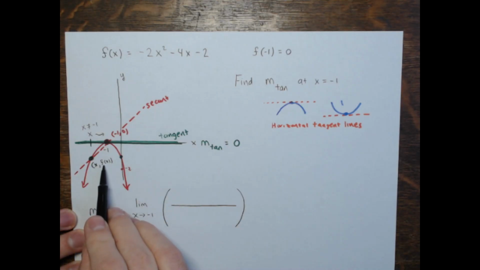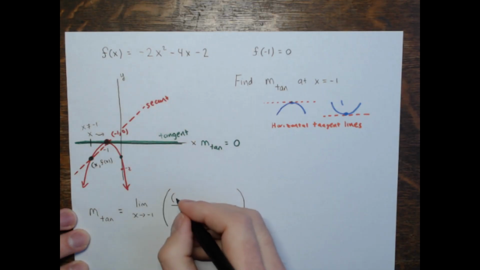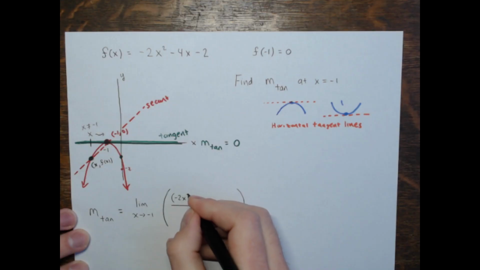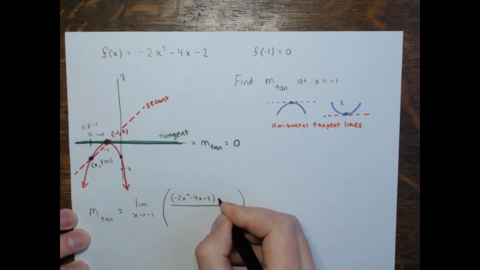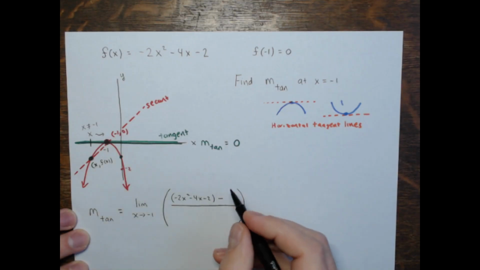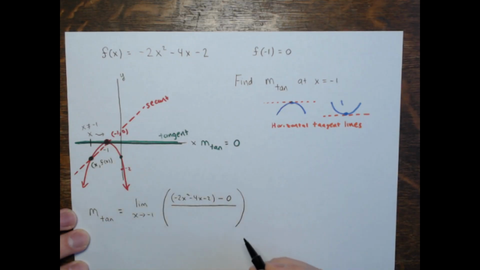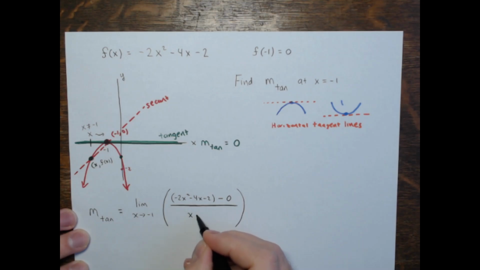So again, it's the value of f at x. So that's this, -2x squared minus 4x minus 2, then minus the other y coordinate, the value of f at -1. So minus 0. And then all this, divided by the change in x, which would be x minus -1.